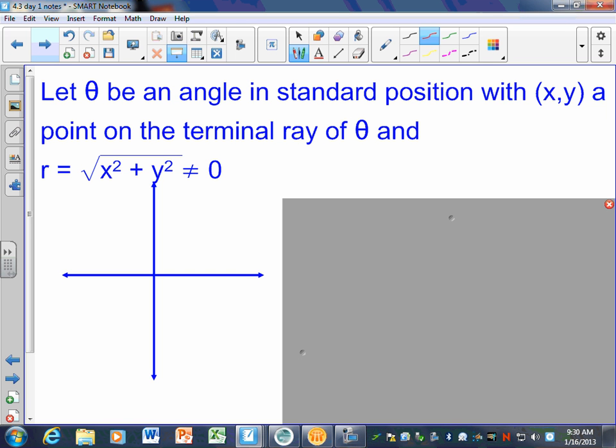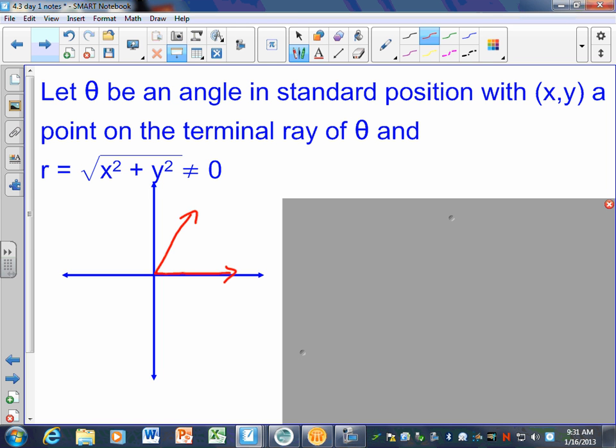Terminal ray is where it stops, right? The initial ray is where it starts. So if I'm going to draw this, I'm going to draw one here. I'm going to just draw it in quadrant 1 this time, but this will be my initial ray. My terminal ray is where that stops, and I'm just going to draw an angle up here in quadrant 1.